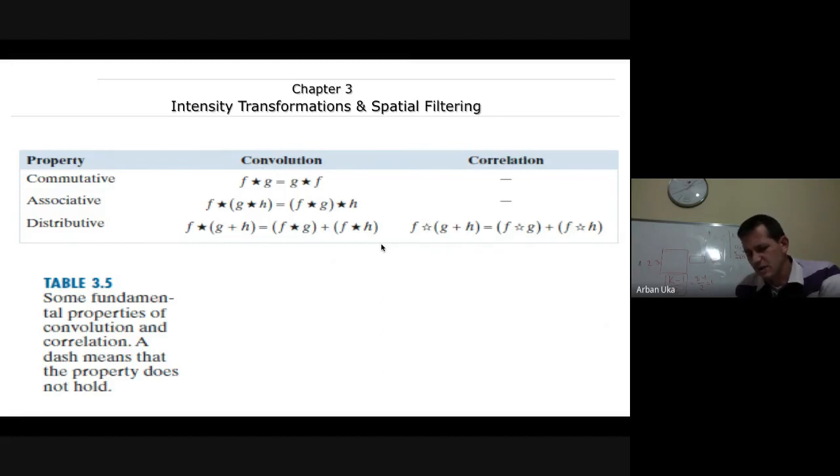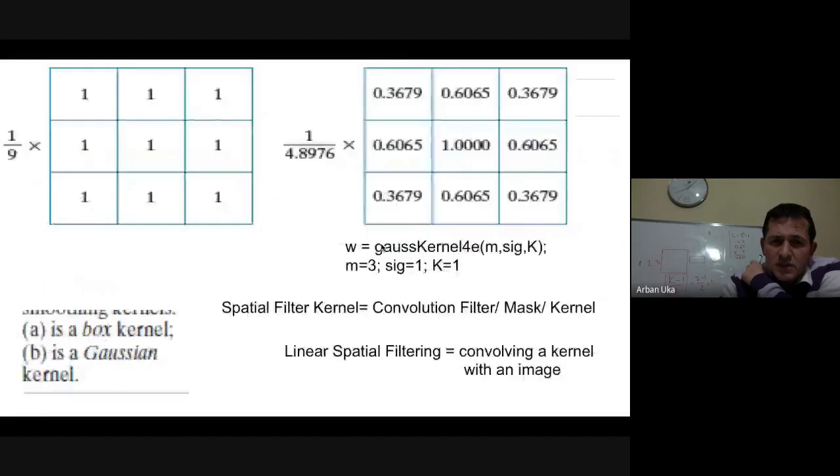Now, this is a very good property, because sometimes some filters can be very complex, and this complexity can be simplified by describing one kernel as a function of some other kernels.